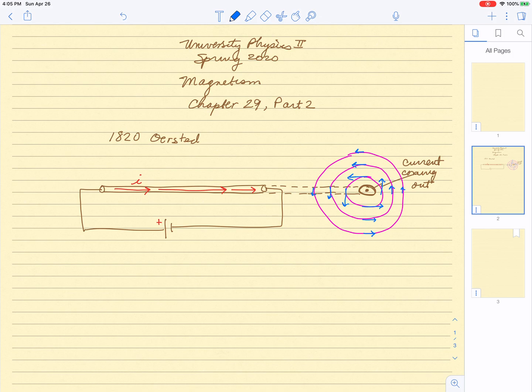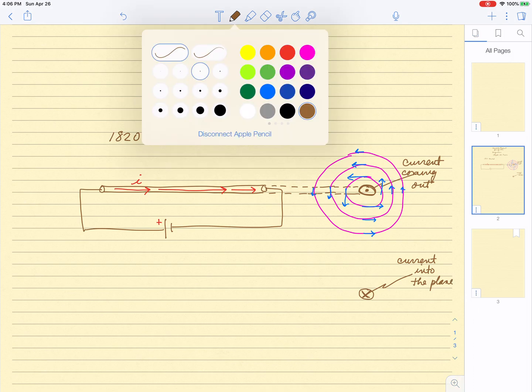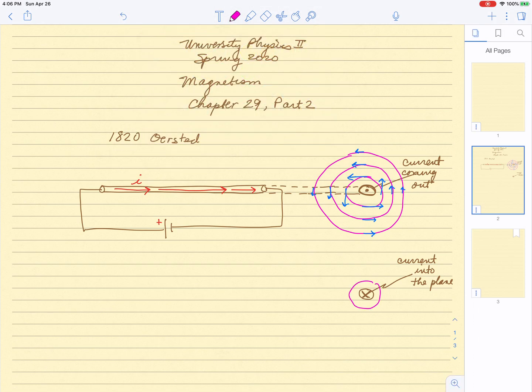And he also noticed that if you were to reverse the current, that is, if you had current coming out of the plane, and now current going in, current into the plane of the paper, then likewise we have these concentric circles around the wire, and what he noticed was that the compass needles then switch the directions.